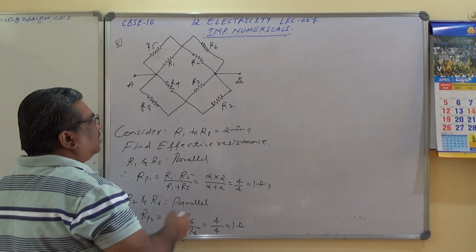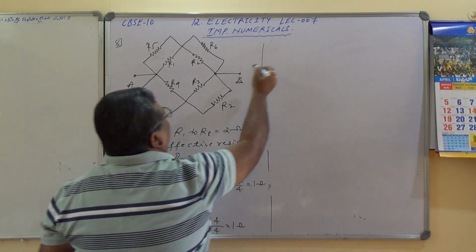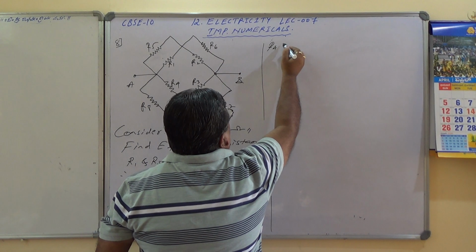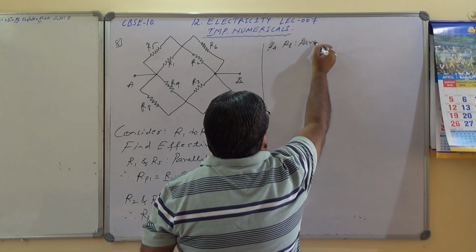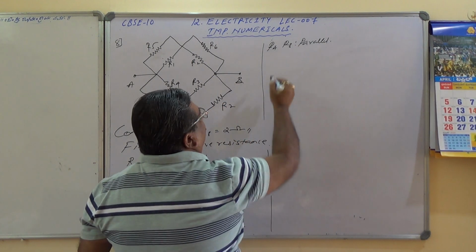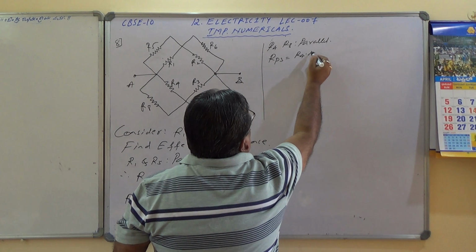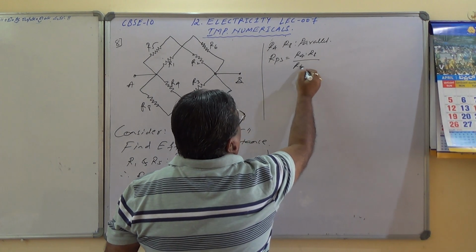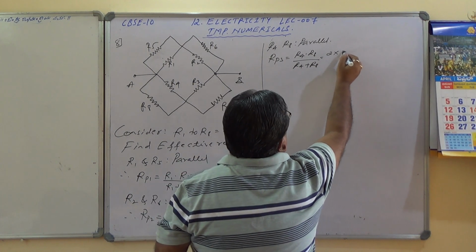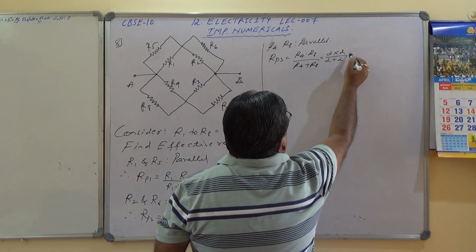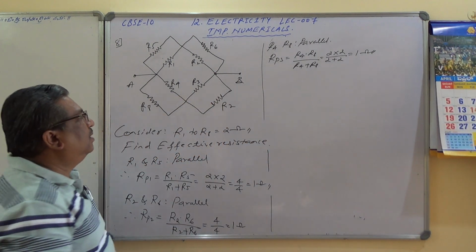And next, these two R4, R8 in parallel, Rp3 equals 1 ohm.